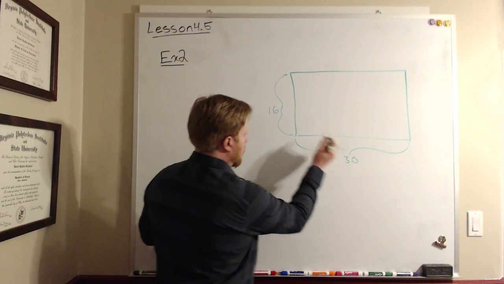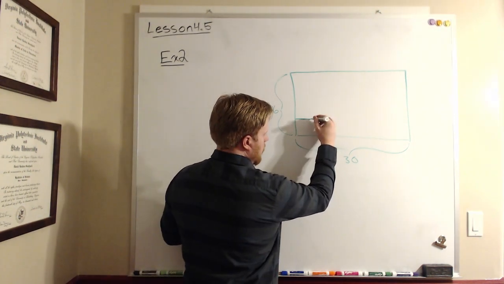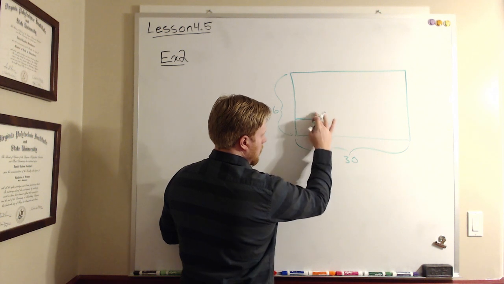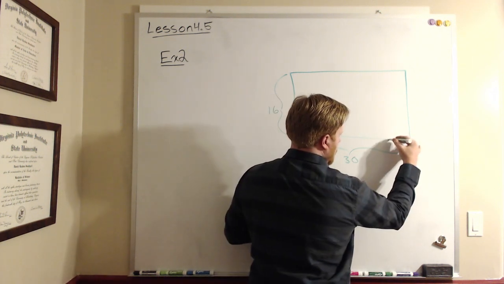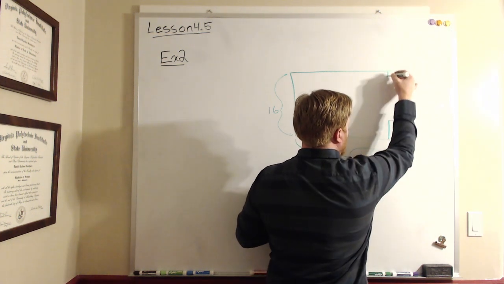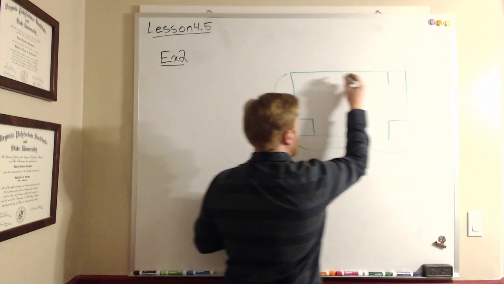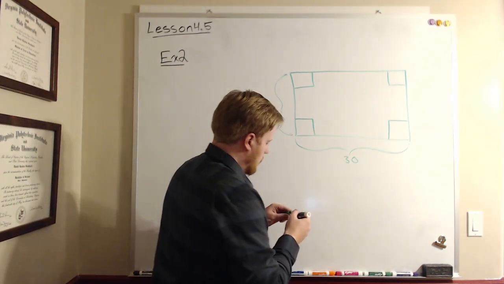Now to turn this into a box with an open top, right? We'll keep it this way. I'm going to cut out squares from the corners. Okay.